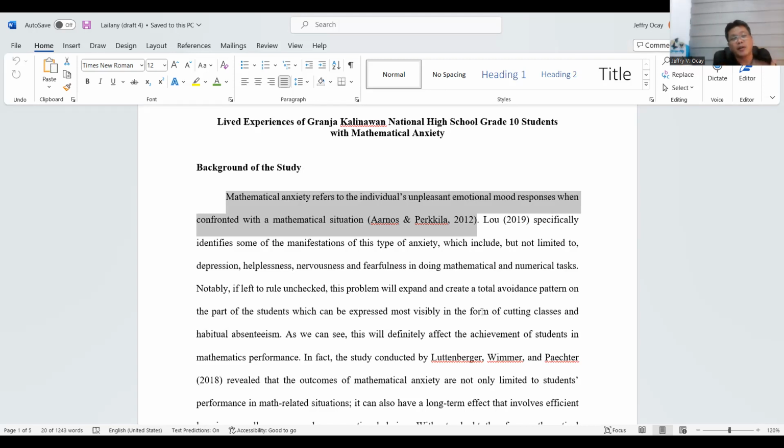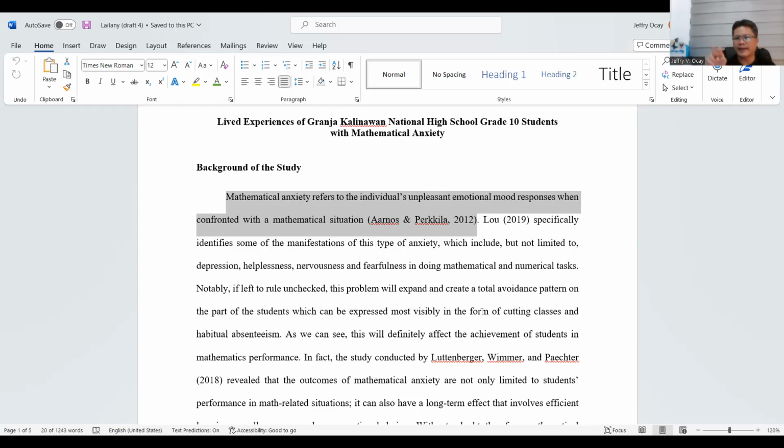In other words, we see to it that our readers understand what we're talking about, and so it is but proper to start the discussion, the writing of the background of the study with the definition of the term mathematical anxiety. Okay, so the first sentence reads, mathematical anxiety refers to the individual's unpleasant emotional mood responses when confronted with a mathematical situation.